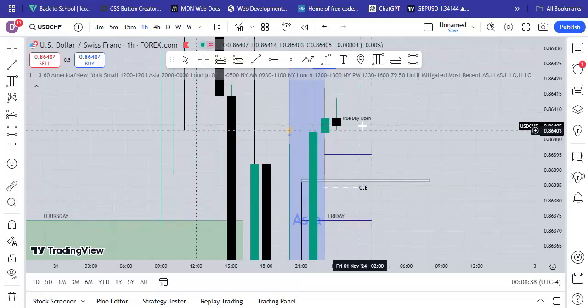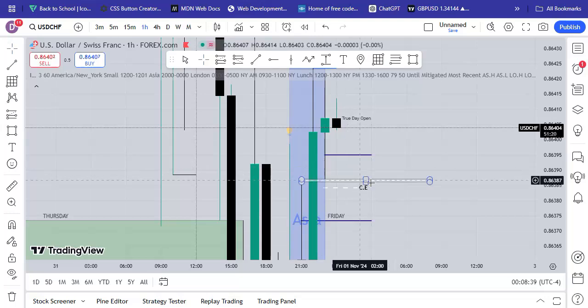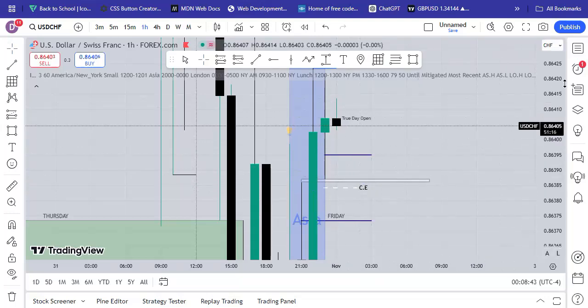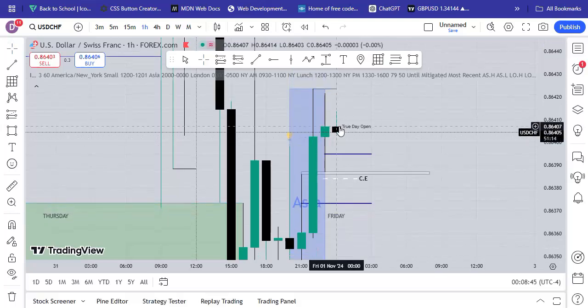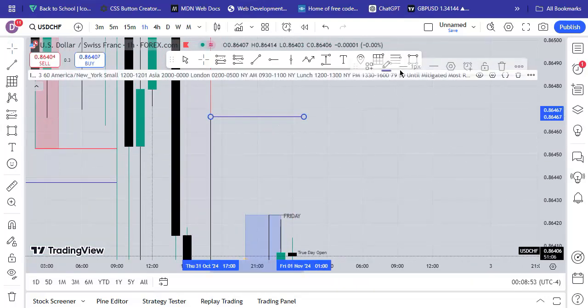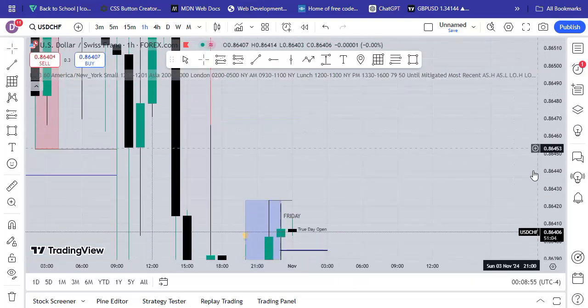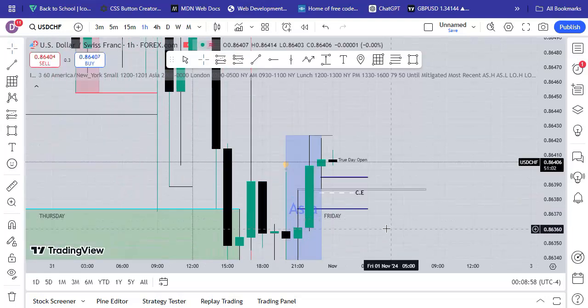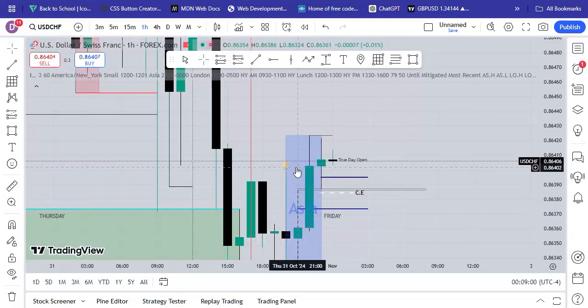So I want to see it come down into this fair value gap, maybe touch this consequent encroachment, and then we start going higher. I don't want to see it take out that high anymore. There's no need for price to take out that high anymore. We already have the change in the state of delivery.